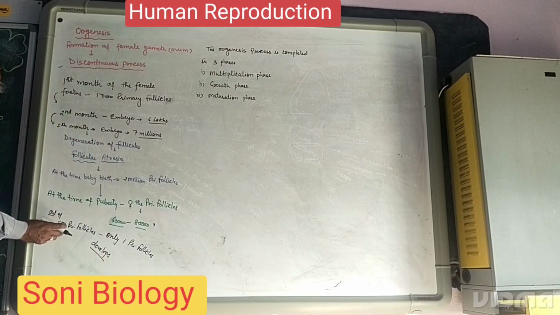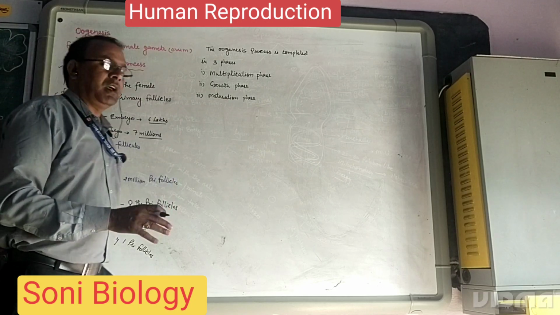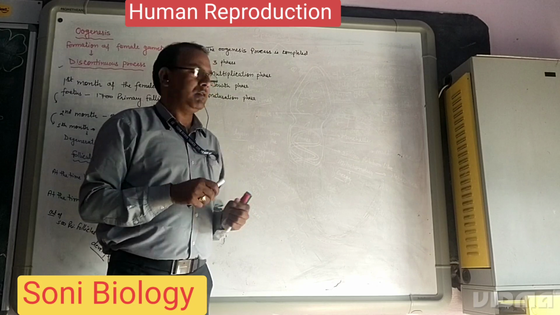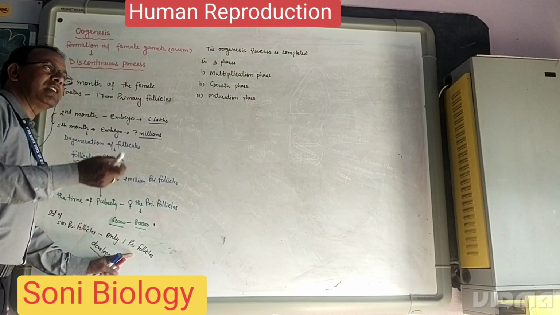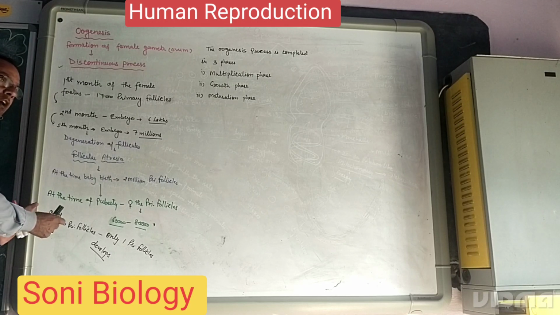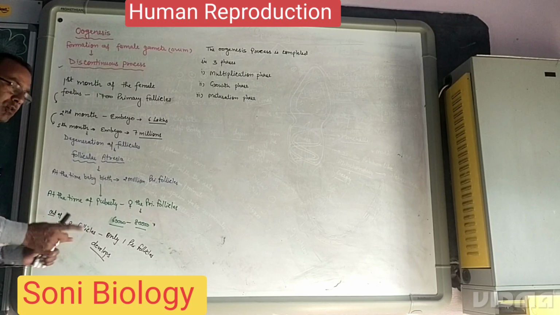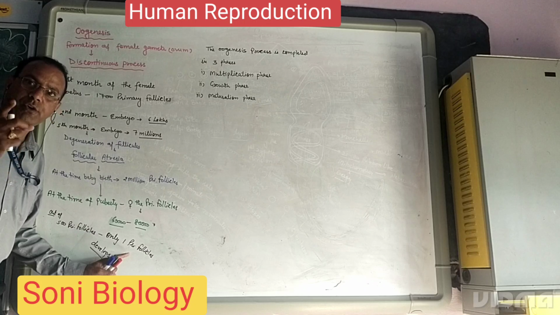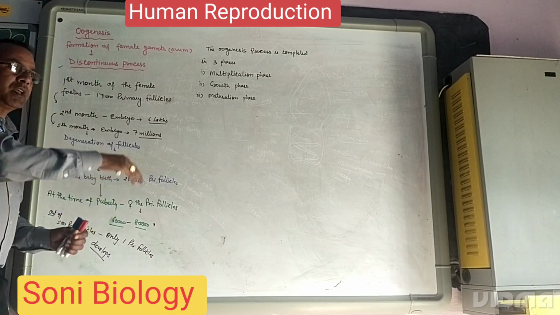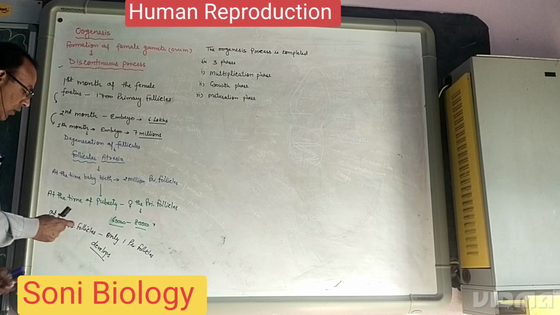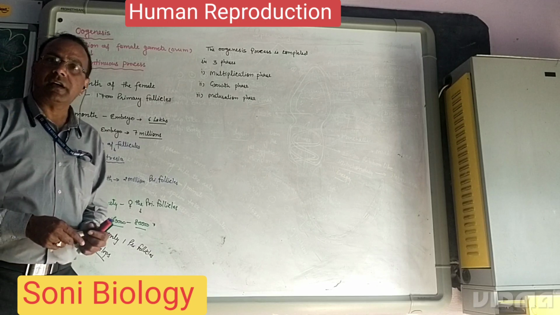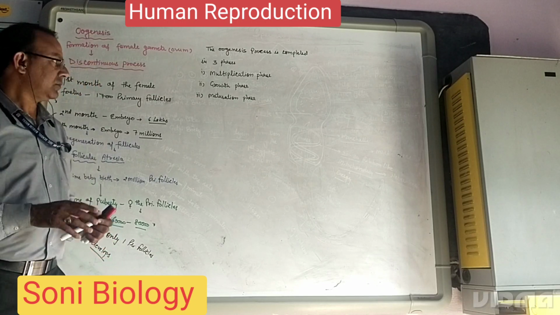The rest of the primary follicles make a layer around this developed primary follicle, that is called Graafian follicle.